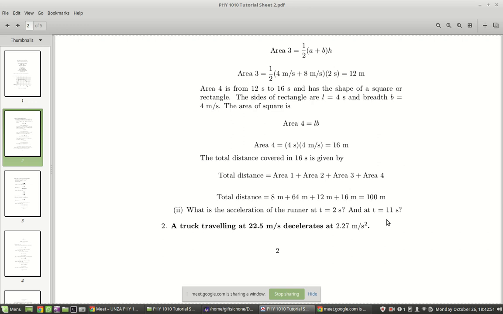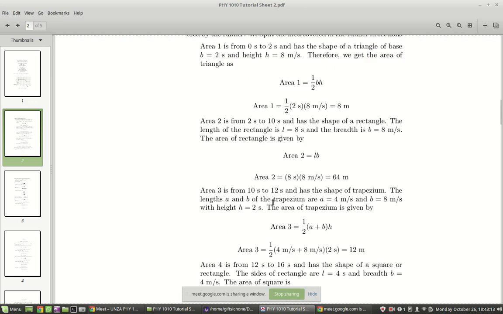Okay. Let's move on, we're with some time, 18 minutes. We can work out the second part of this question. What is the acceleration of the runner at 2 seconds and at 11 seconds? Let's look at the graph.